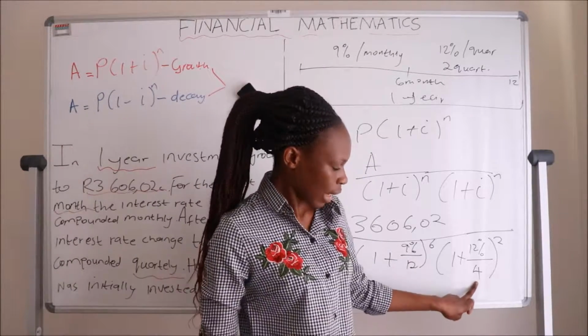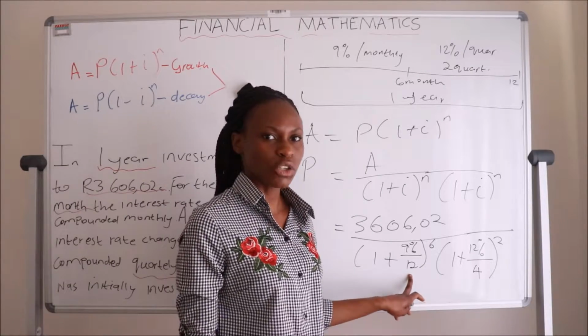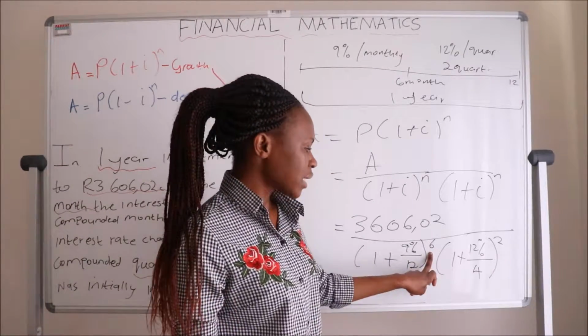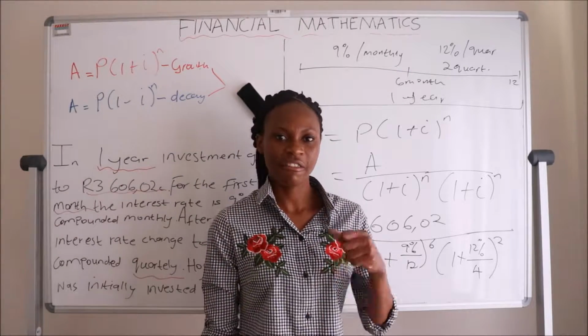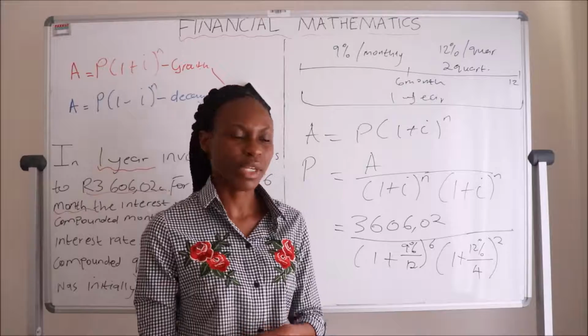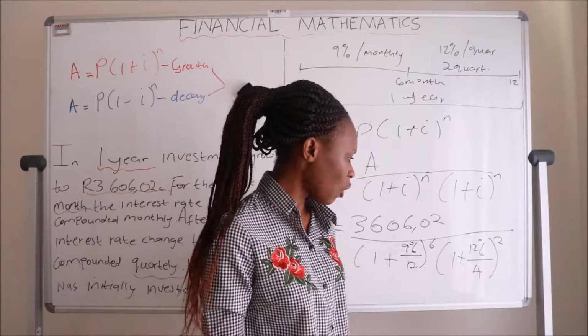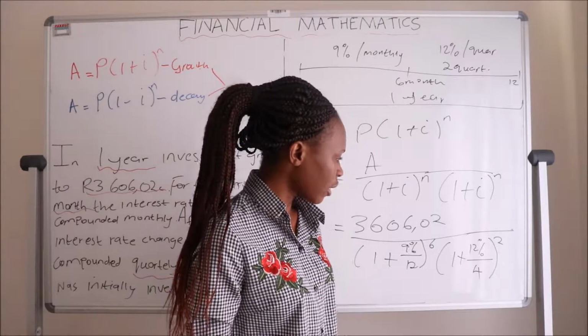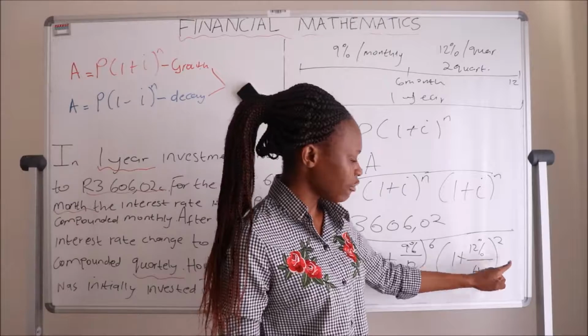I need you guys to understand something: we divided by 12 because it's compounded monthly, and the exponent is equal to 6, not 12, because it was only there for 6 months. Then it changed to quarterly, which is 4, and there we have an exponent of 2, because in a 6 month period we only have 2 quarters.